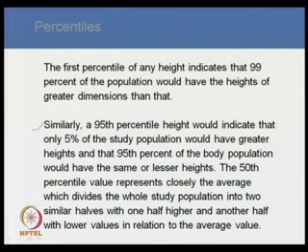The 50th percentile value represents closely the average, which divides the whole study population into two similar halves, with one half higher and another half with lower values in relation to the average value. That is the 50th percentile value.